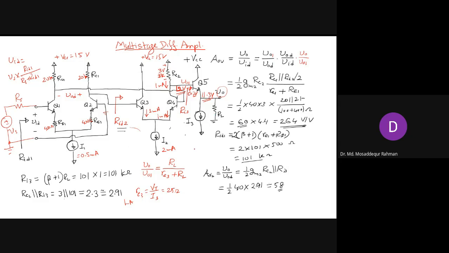So the basic idea is, if you can make this voltage here 0, right? The DC voltage VDC coming at the output of the amplifier, we should try to make it 0. If you can make the DC voltage appearing at the output 0, then you will have only the AC voltage. You will not have the DC voltage, so that will solve your problem.